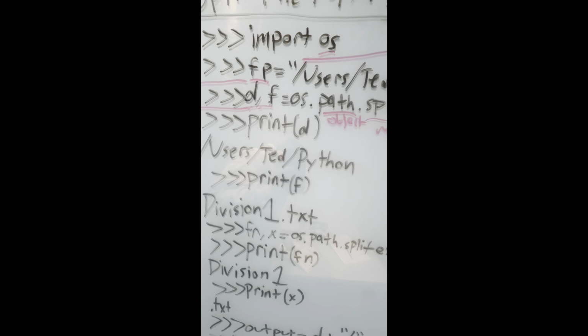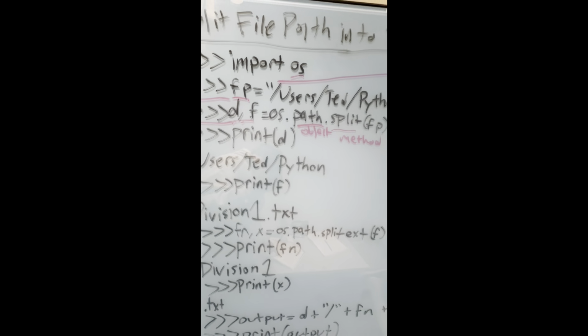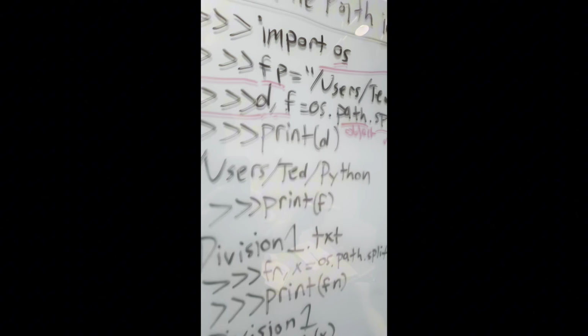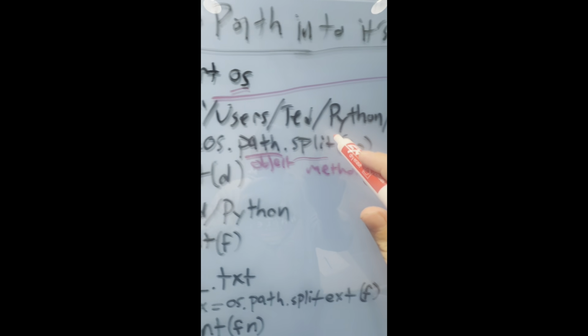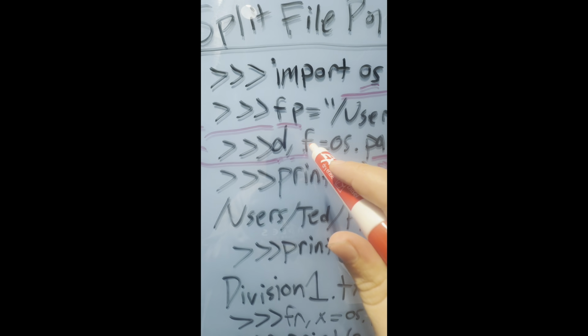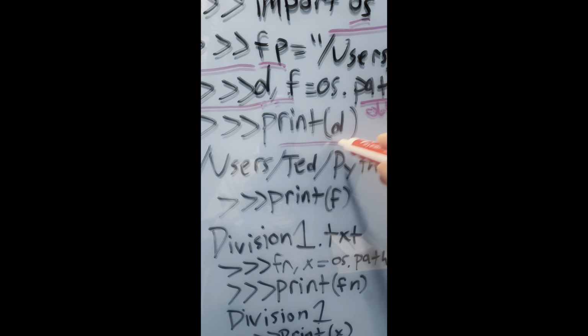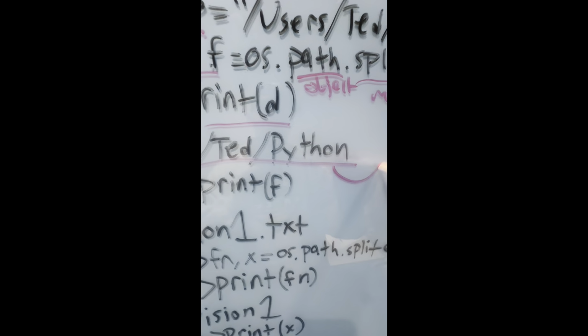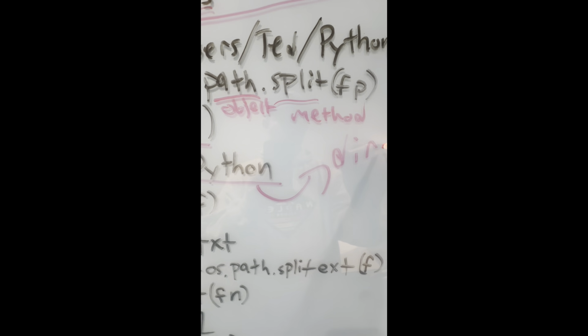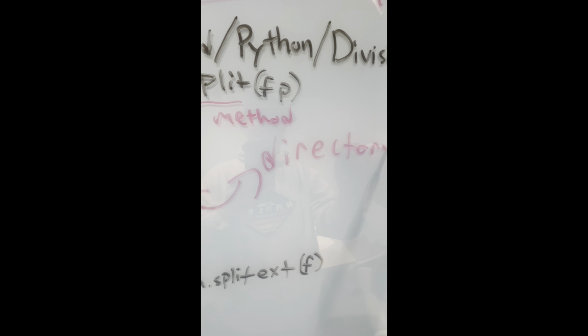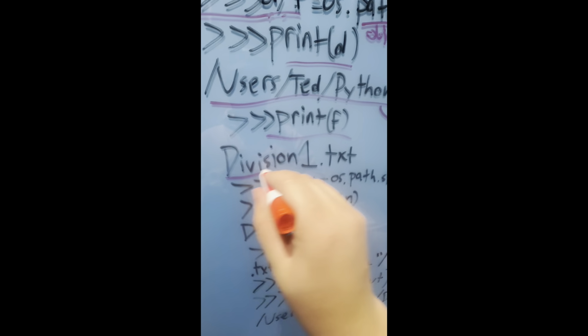That part I didn't remember. Okay, so yeah, we're splitting FP into its full file name and directory path. So when we print D, this right here is a directory path, which is a part of D. And with print F, this is the full file name.